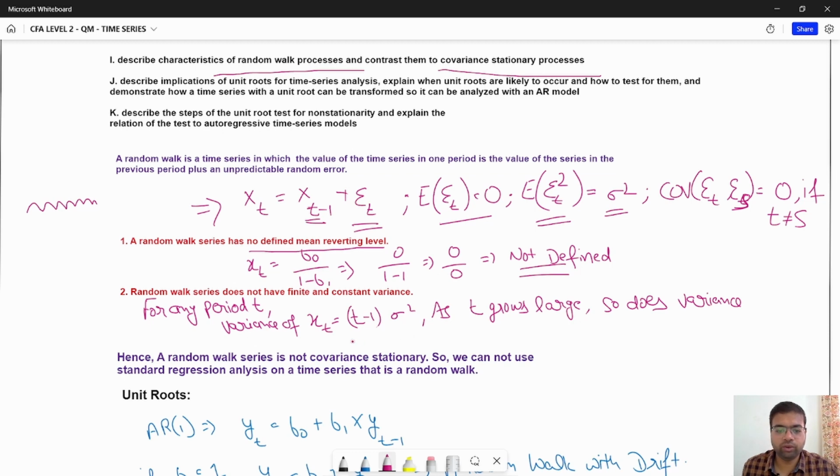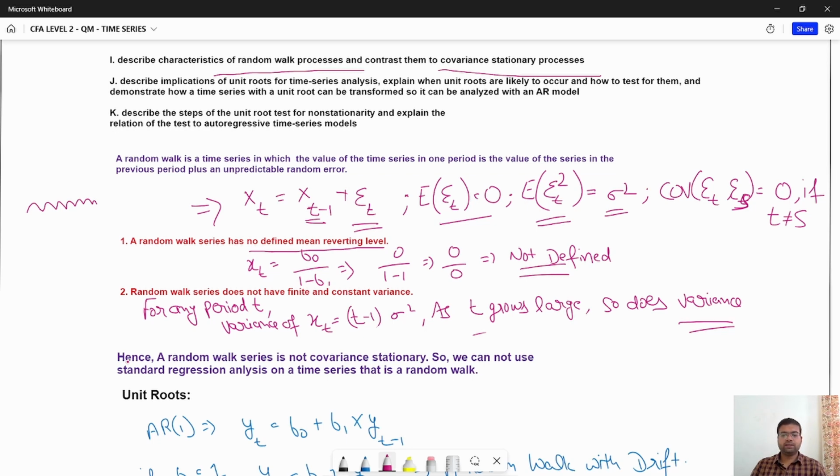with respect to time. For any period t, the variance of xt is equal to t minus 1 sigma square, because for each and every term the error terms keep on adding itself. So as the error term is getting larger and larger, the variance of the error term is also growing. So as t grows large, so does the variance of the error term.